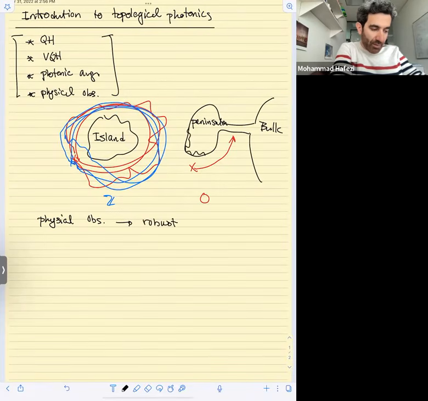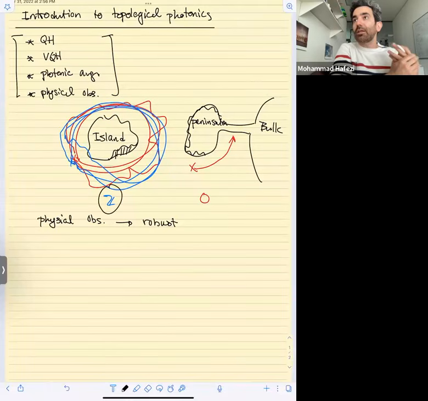Because if I deform my peninsula to this, or if I deform my island to this, it does not matter. That integer that I have introduced over here would remain an integer. And that's the whole point of this classical topology. So this was very, very classical.